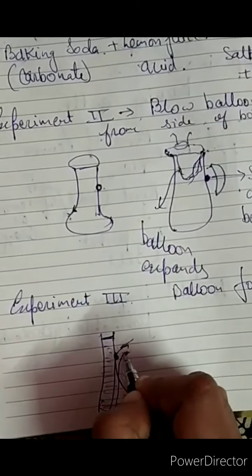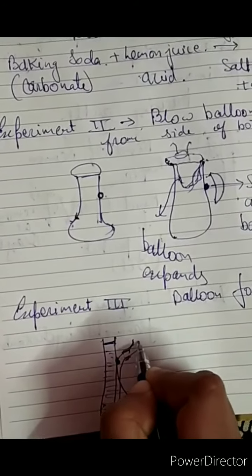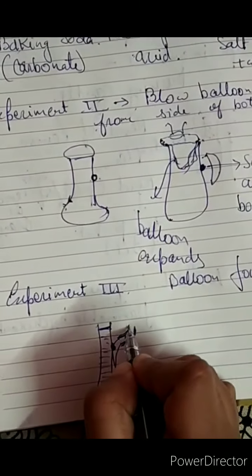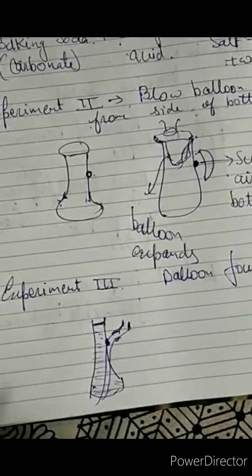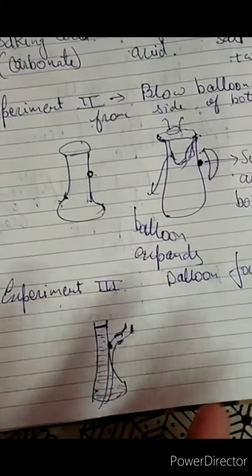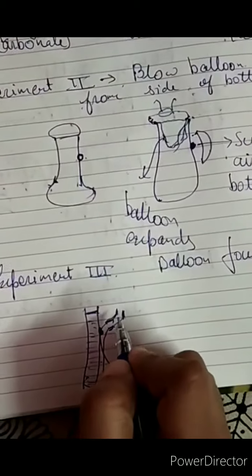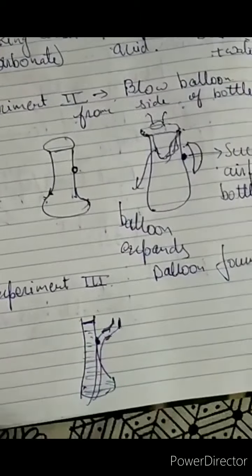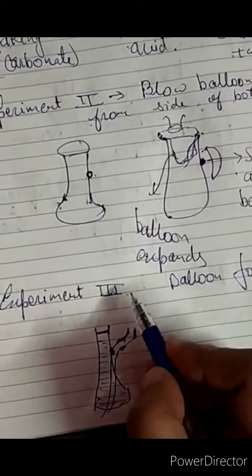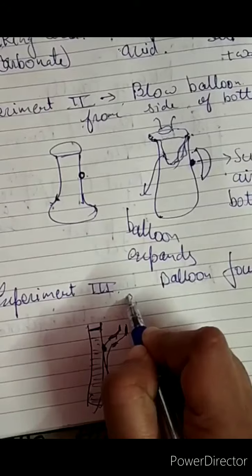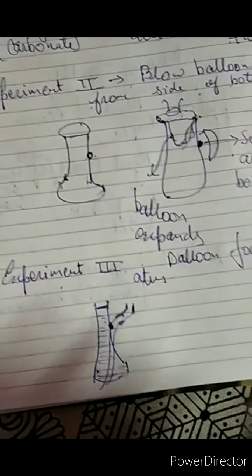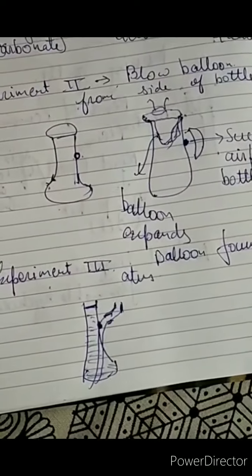I covered the upper side, the mouth of the straw, like this so that water will not come out. Now since the atmospheric pressure outside and the pressure inside are equal, water will not come out.